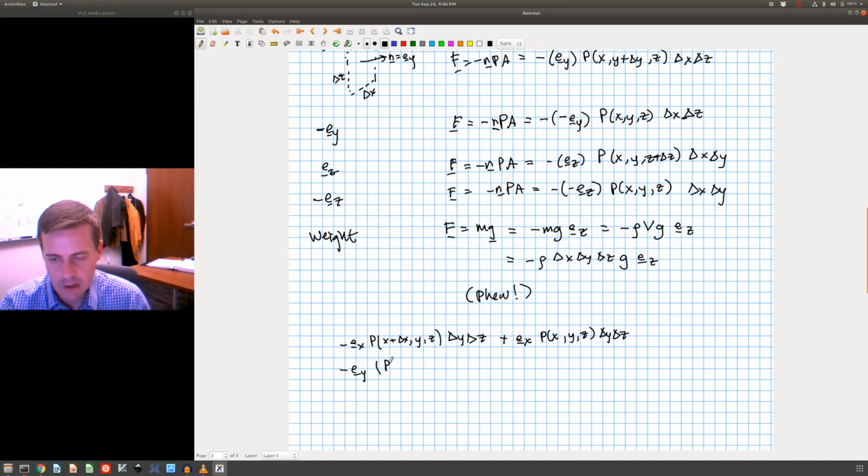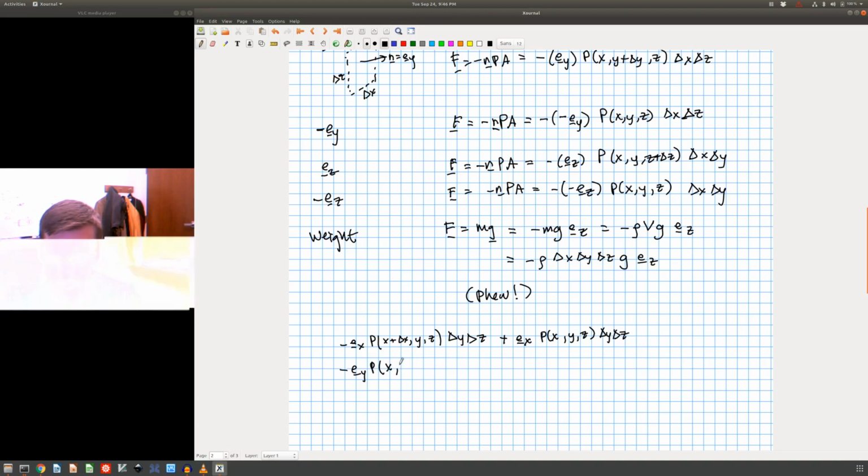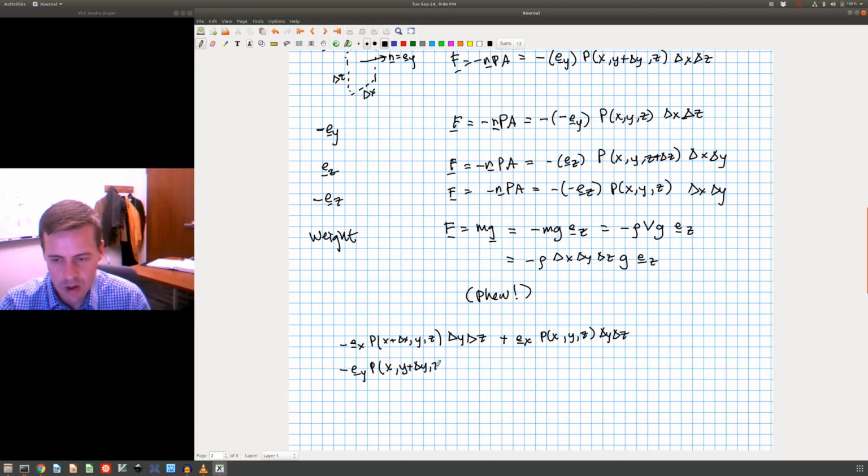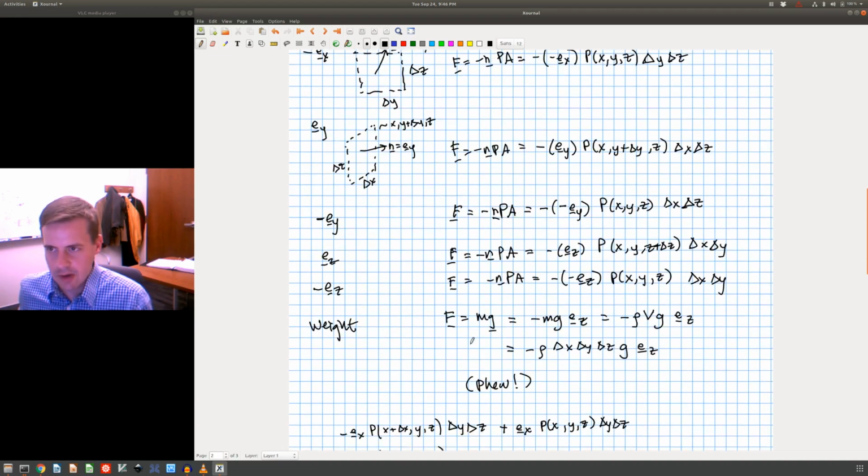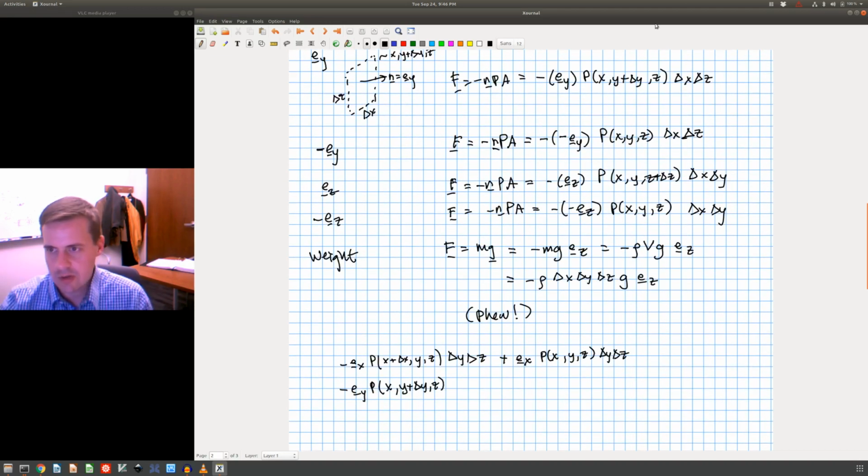Minus e_y P of x, y plus delta y, z. Oh, I already had it on my screen, this one right up here. Minus e_y P of x, y plus delta y, z, which should have a delta x delta z. Plus e_y P of x, y, z, delta x delta z.